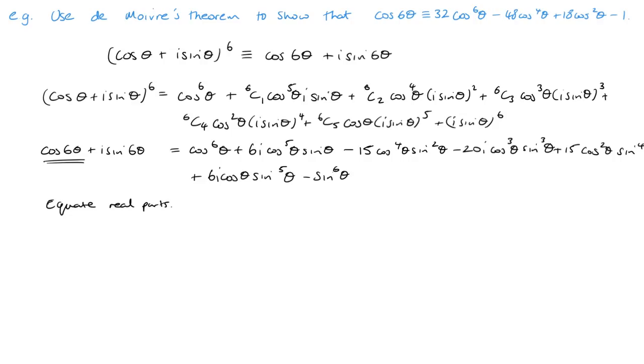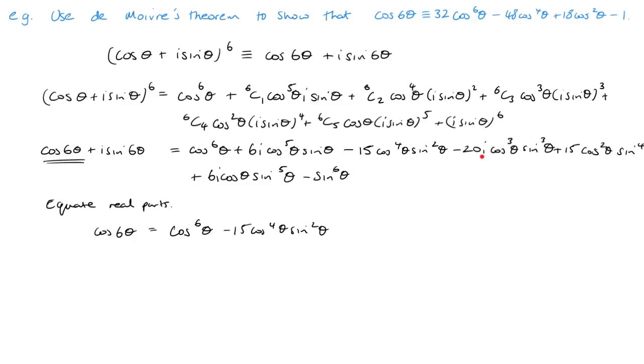So that means that cos 6 theta equals, now cos^6 theta, we don't want this one because it's got an i in it, we want this one, minus 15 cos^4 theta sin^2 theta.